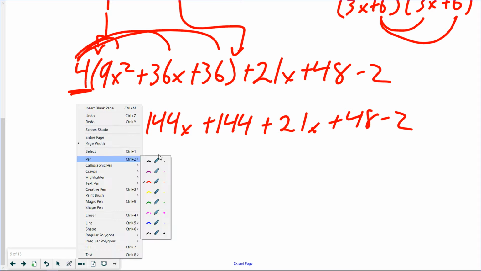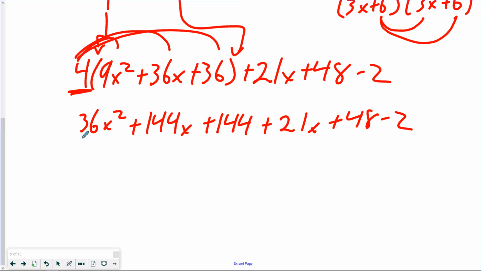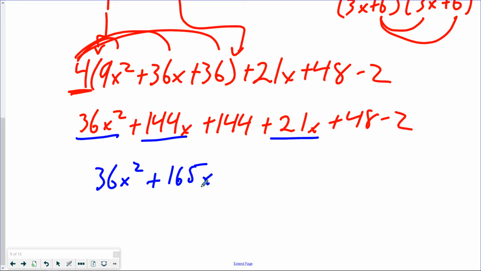36x squared plus, here we have 144x and 21x. Those are like terms, so we add their coefficients together because they're both positive. So 144 plus 21 is 165x. And then 144, 42, and negative 2 are all like terms because they're just numbers without variables.